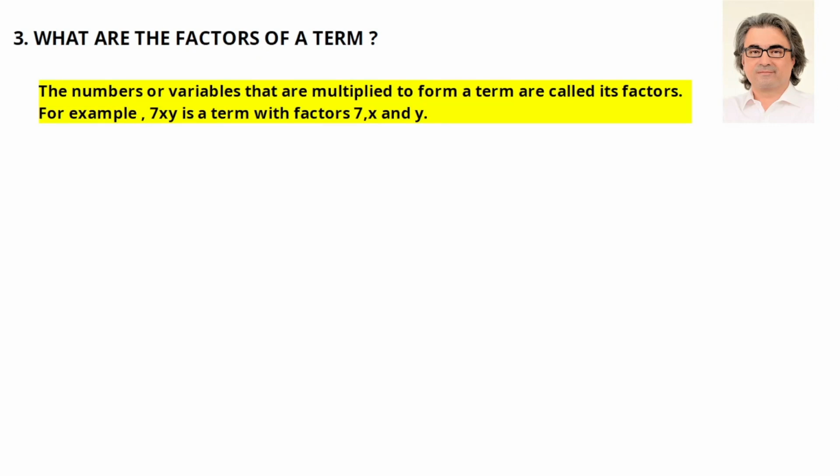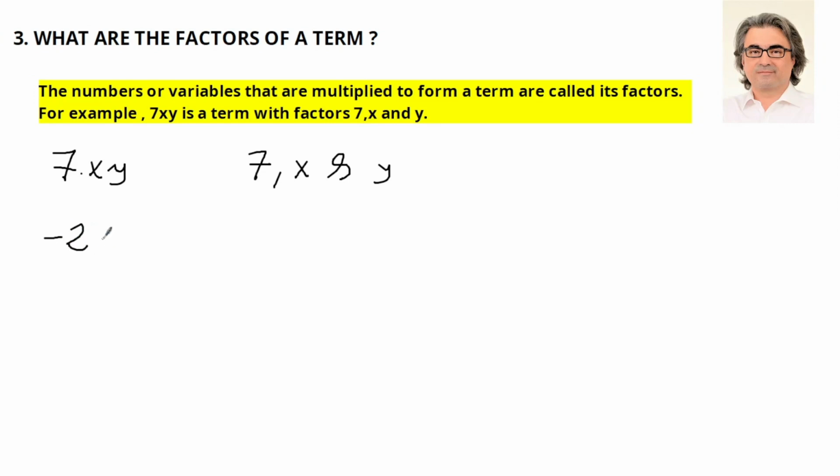The third question. What are the factors of a term? The numbers or variables which are multiplied to form a term are called its factors. For example, 7 times x times y is a term with factors 7, x, and y. Now let's continue with another example.